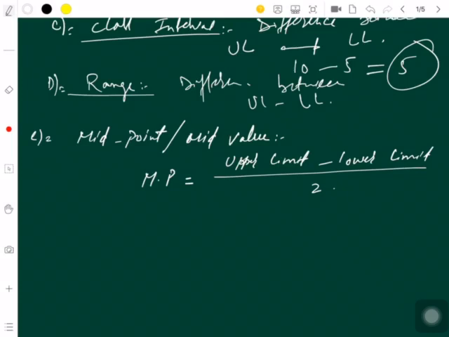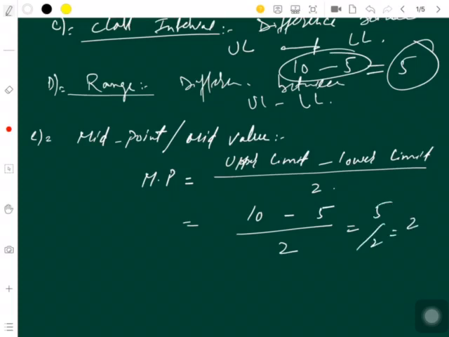In our above example of the 5 to 10 class, our upper limit is 10, our lower limit is 5, so 10 plus 5 is 15, divided by 2 is equal to 7.5. This is our midpoint of the class 5 to 10.